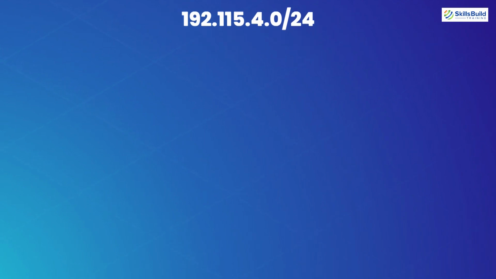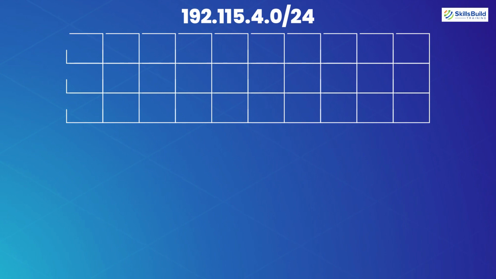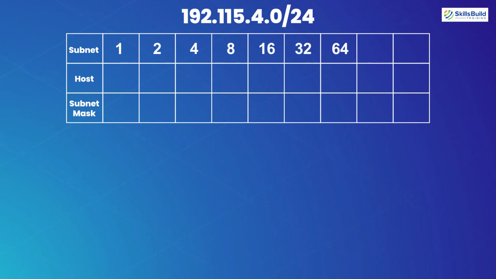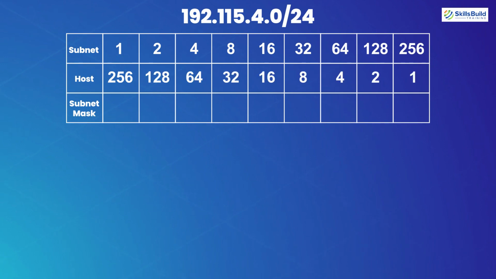So first of all, let's make a table with subnet, host and subnet mask. The subnet starts from 1 and we will keep on multiplying it, so it will be 1, 2, 4, 8 and up to 256. And host will start from 256 and end at 1. So it means you just have to divide 256 in half each time.